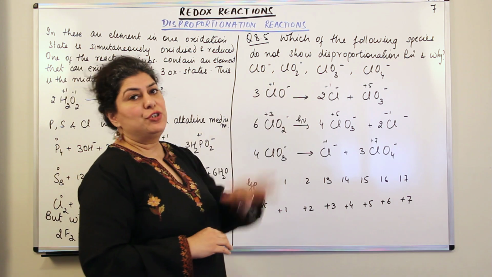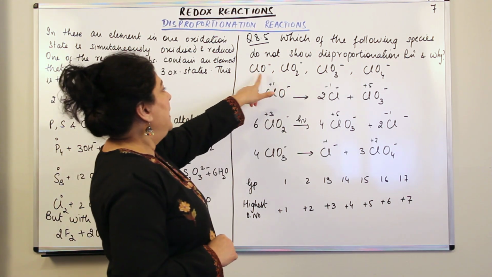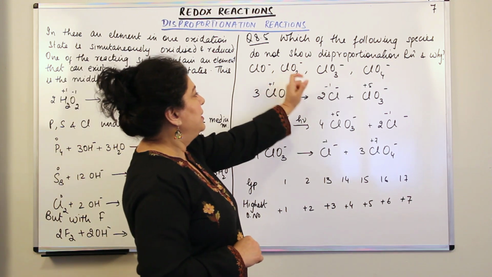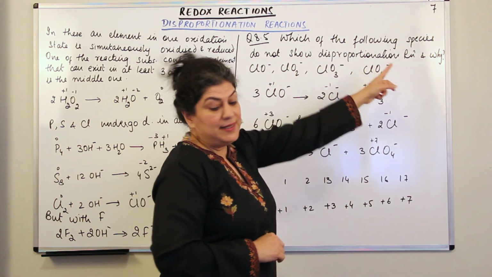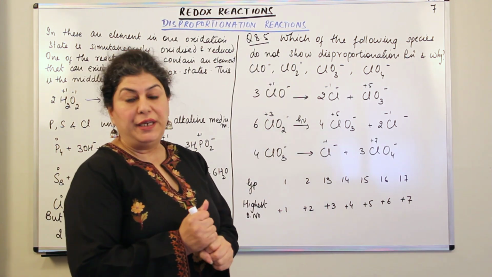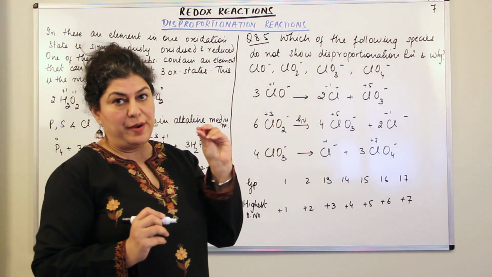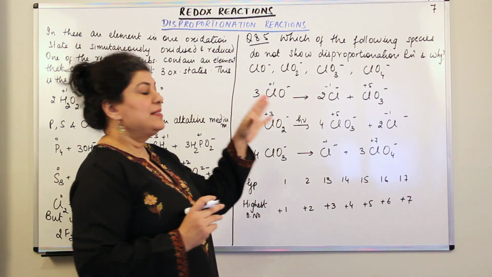4 species are given to you. The oxides of chlorine, the ions ClO negative, ClO2 negative, ClO3 negative, and ClO4 negative. Let me just assign the charge on chlorine in each case. Oxygen is more electronegative in comparison to chlorine. And none of these is a peroxide.